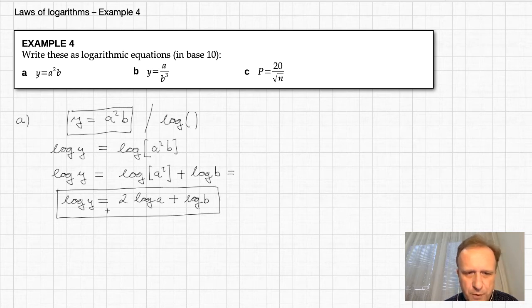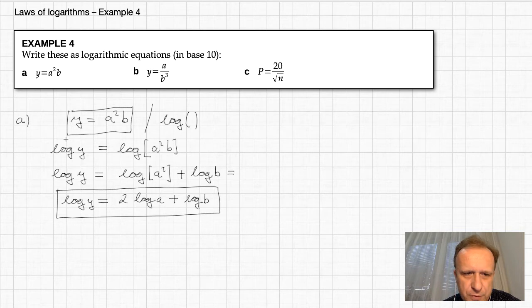This is true for logarithms, and the logic of this is as follows. If this is true, then this must be true. But it works also the other way around. If this is true, having required that y, a, b are positive, then also this first one is true. So these two are equivalent because logarithm is a one-to-one function.